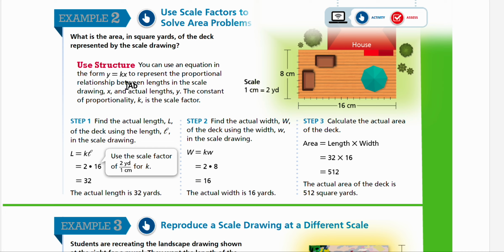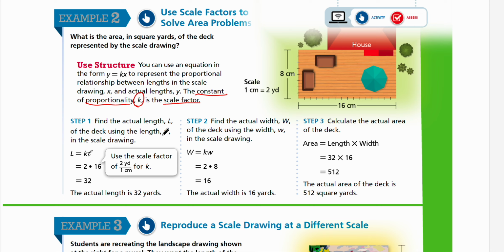We learned that in previous topics, right? It represents the proportional relationship between lengths in the scale drawing, x, and actual lengths, y. The constant of proportionality k is the scale factor. So the constant of proportionality in our topic would be the scale factor, and it's represented by k.